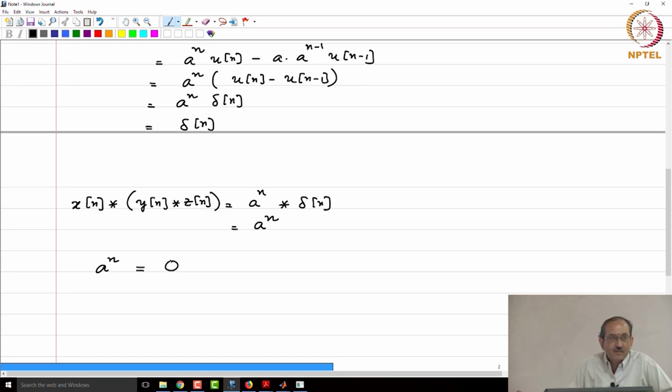Convolution is after all associative, right. Either a power n equal to 0 is true, or convolution is not associative, right.